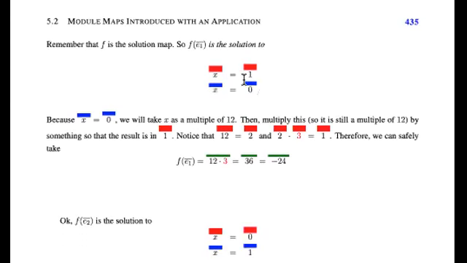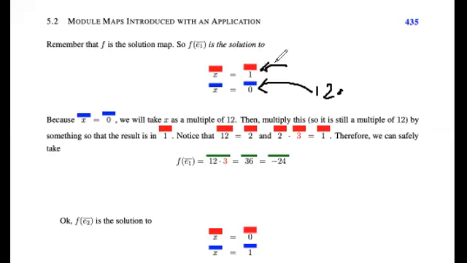So this tells us right here that we want something that's 0 mod 12. That means it's a multiple of 12. So we want some multiple of 12. What does this mean?